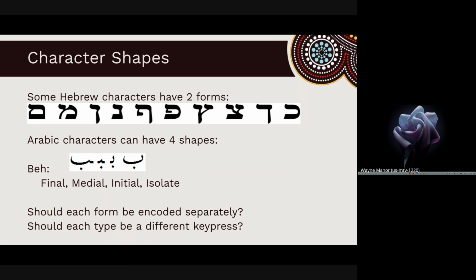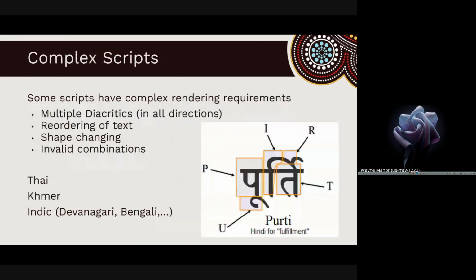And it depends. It may depend on how it was done before. Sometimes we look at typewriters and other older systems. So that gives you a little introduction, but things get more complex.